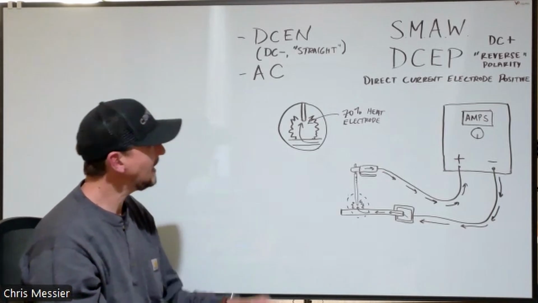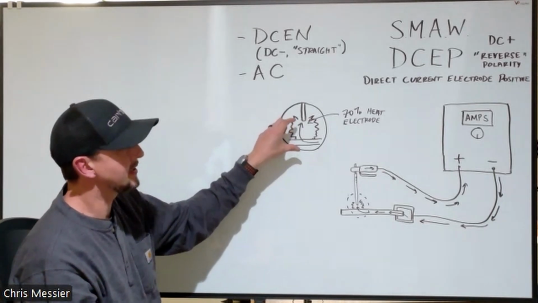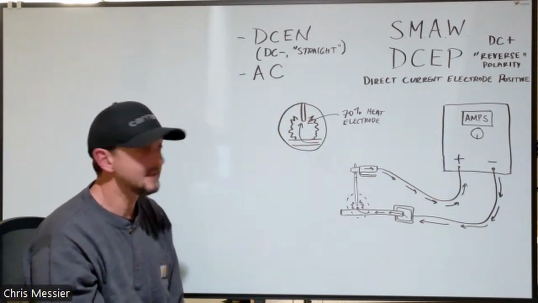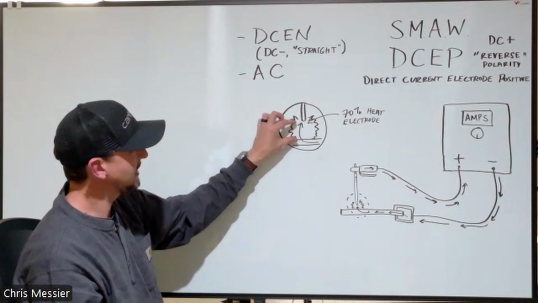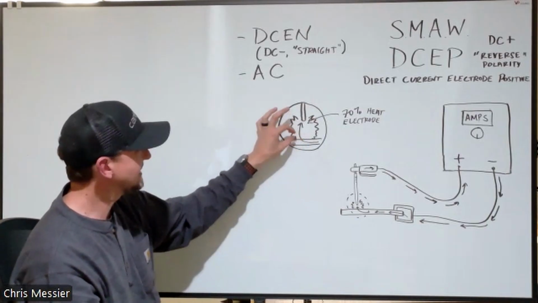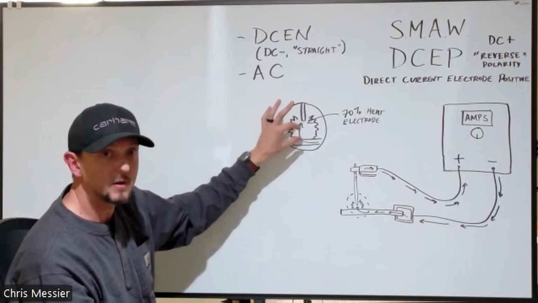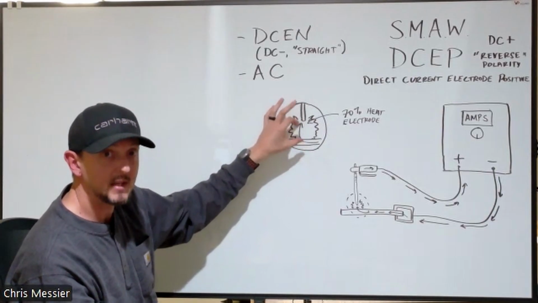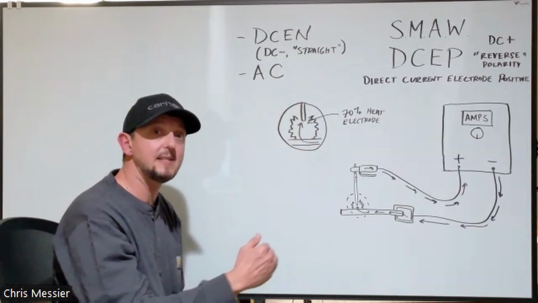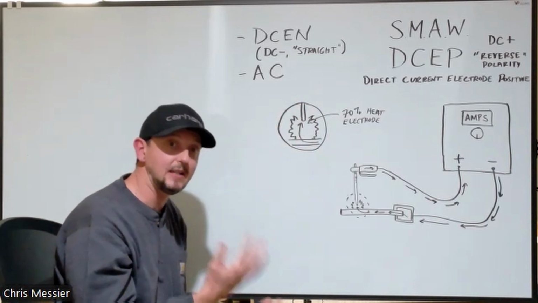Okay? So that's another thing to consider about DCEP polarity with stick welding. Because this is generating heat by resistance, if you increase your arc spacing and you're really long arcing that weld, you're actually increasing the resistance and your arc's going to get hotter.